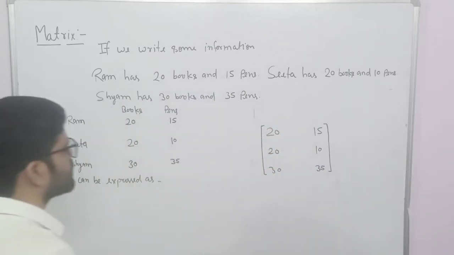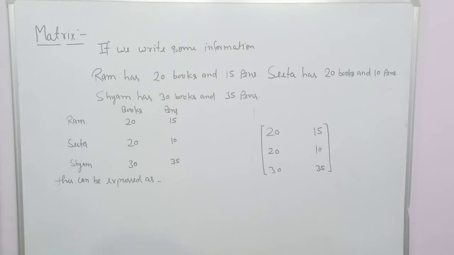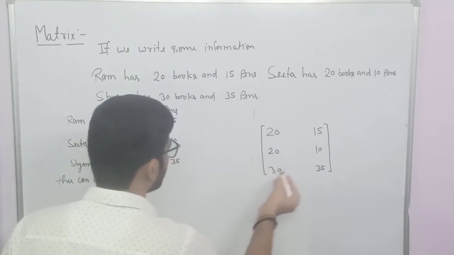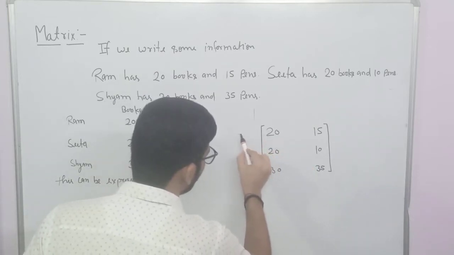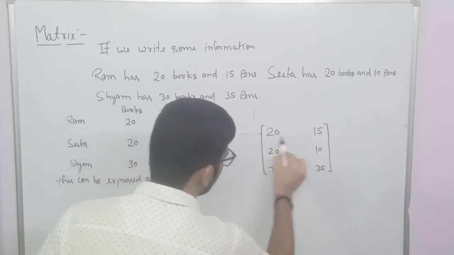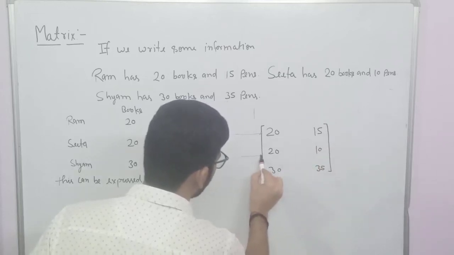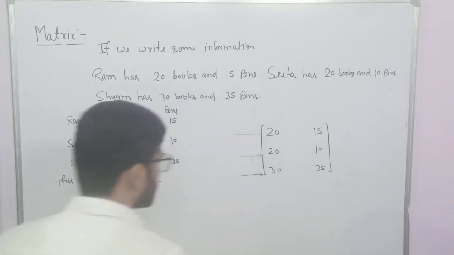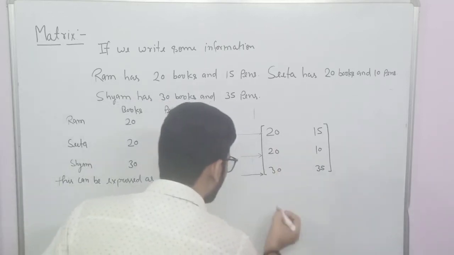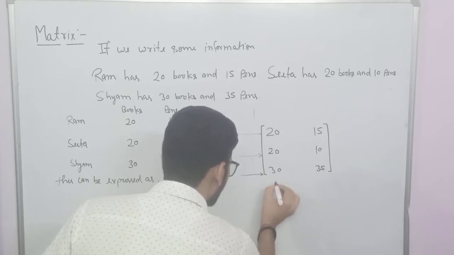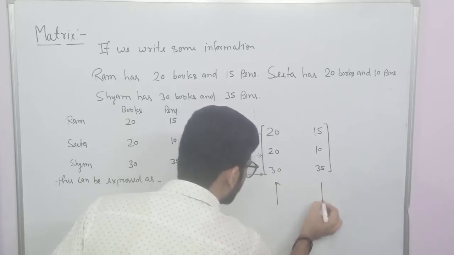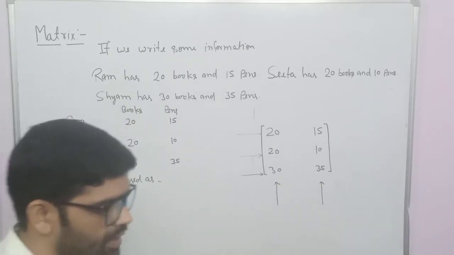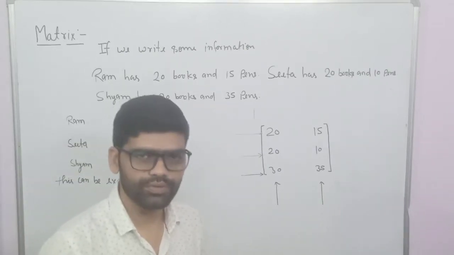Here we define some terms. First horizontal row, you can see the first horizontal line, second, and third. And how many vertical lines? 1 and 2. All these horizontal lines are known as rows.